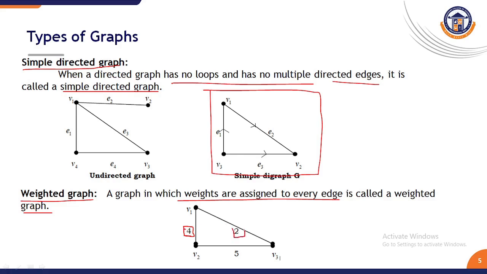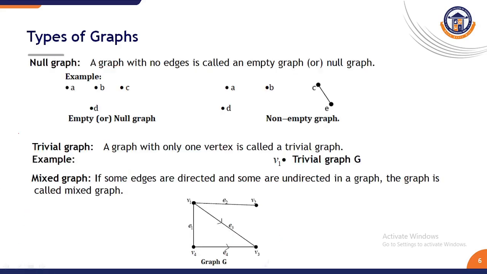Here all the edges are given some weights. So it is a weighted graph. Next one, null graph. A graph with no edges is called an empty graph or null graph. That means the graph contains only the vertices.